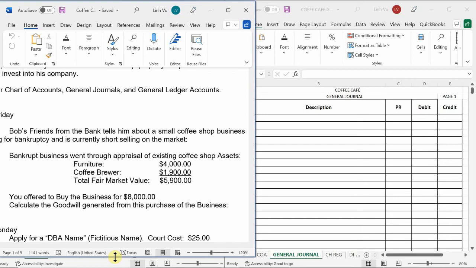How about the furniture? He bought the shop. It used to be a previously owned coffee shop. That coffee shop had existing assets: furniture and a coffee brewer. No, we didn't purchase the furniture or the coffee. Yes, we did. We purchased the business. We purchased this business that had furniture and a coffee brewer.